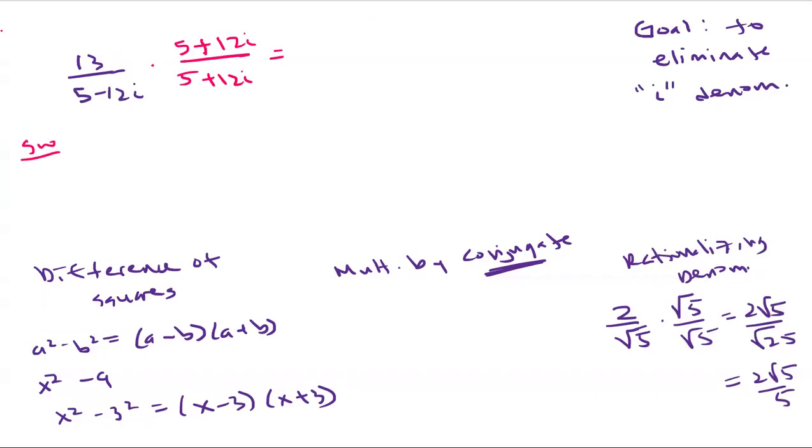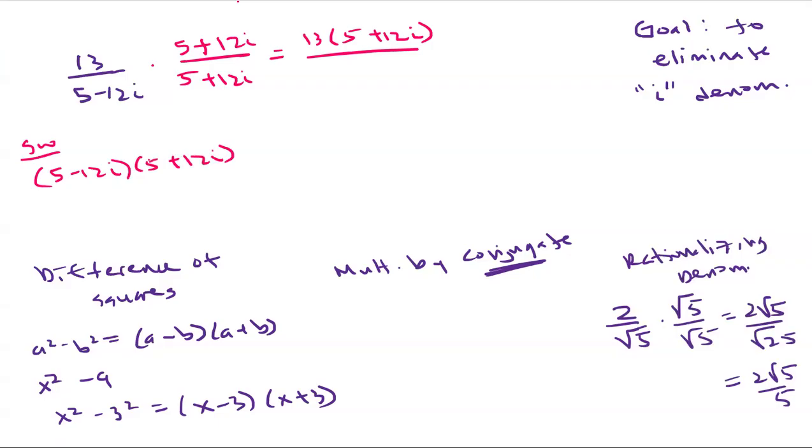So the 13, all right, I can distribute this. I'll have 13 times 5 plus 12i. And the denominator here, I'm going to put this on the side. So I've got 5 minus 12i and then 5 plus 12i.